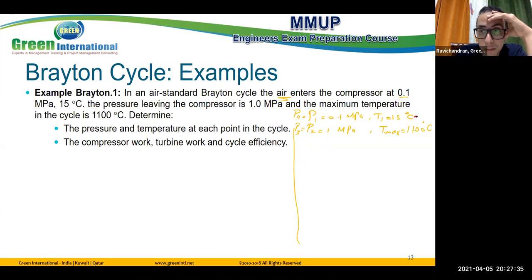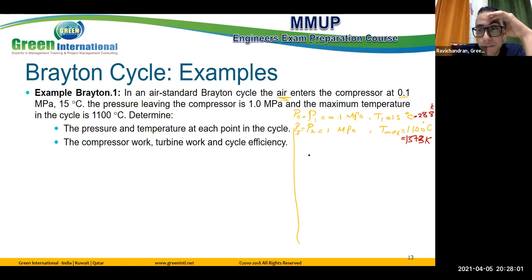So T1 will be equivalent to 288 Kelvin, and Tmax, 1100 plus 273, is 1373 Kelvin.